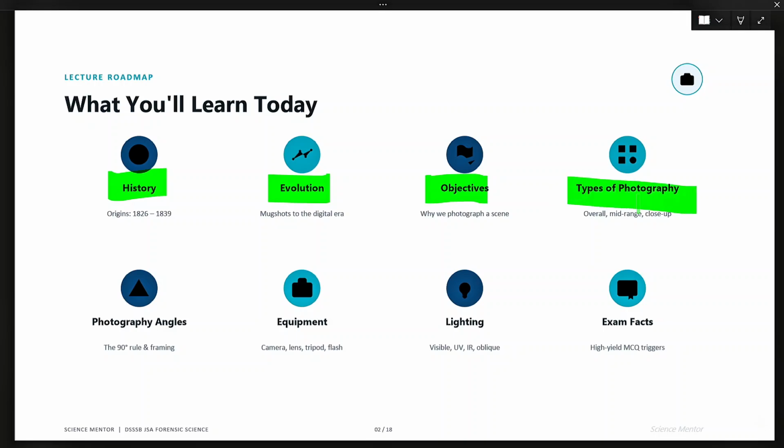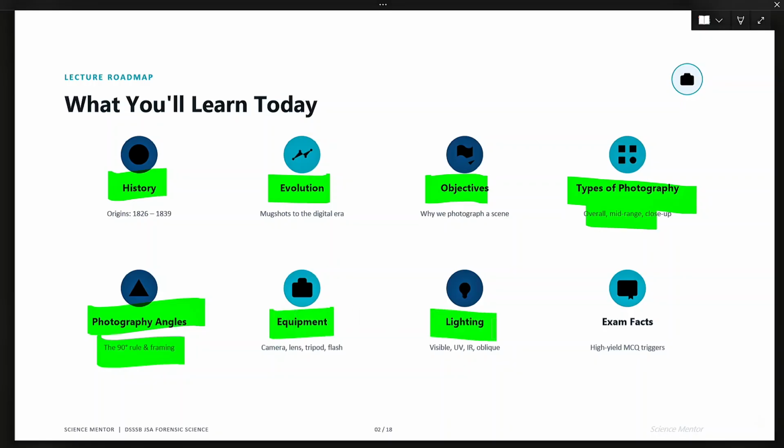Then we can study the types of photography and photographic angles. After that we will discuss the equipment and the lighting techniques. Then we will cover some MCQs based on this topic, which are very important for your DSSSB JSA exam, and we will also cover some exam facts.